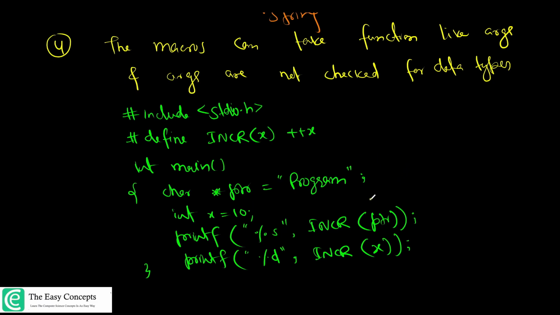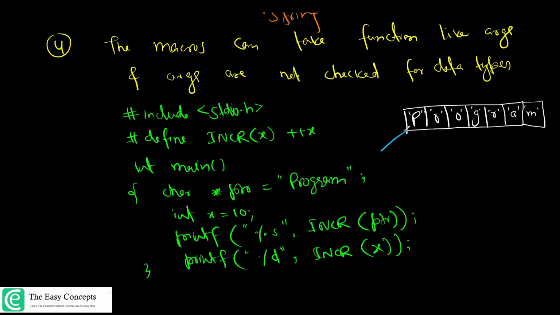So now let's see what the output should be. The pointer is pointing towards this string. So let's create an array p r o g r a m, okay, something like this. First the pointer is pointing to this index p, but when you run this, it becomes ++ptr, and ++ptr means this pointer will move to the next index.